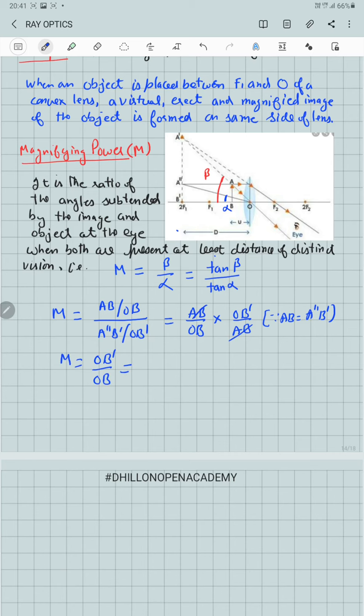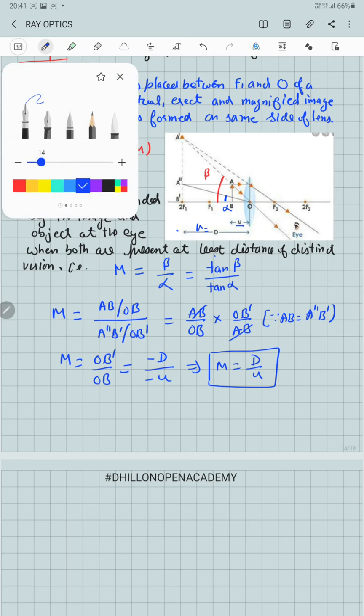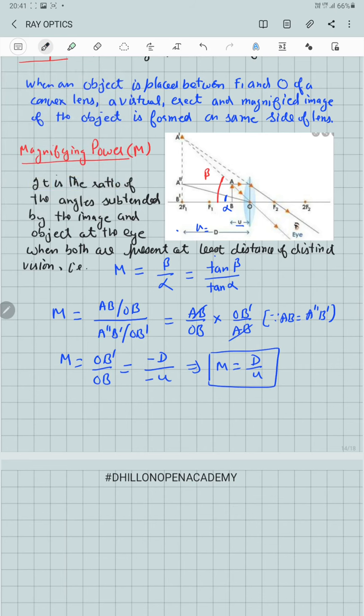So if we substitute the values according to the sign conventions, OB dash is the image distance v, which will be equal to minus D, measured opposite to the direction of incident light, and OB is the object distance, which will be equal to minus u. So M is equal to D by u. In order to connect it with the focal length of the lens, we use the thin lens equation.